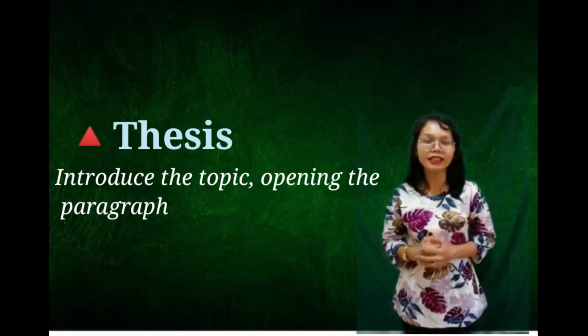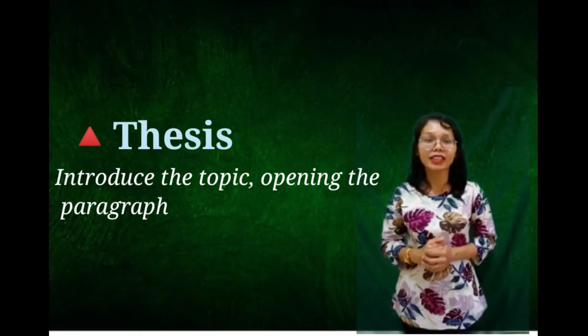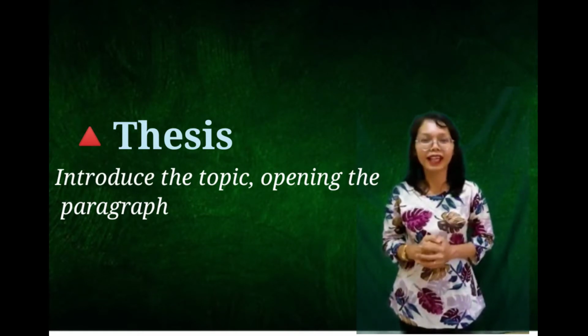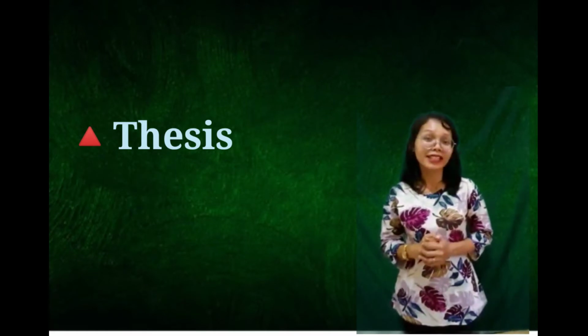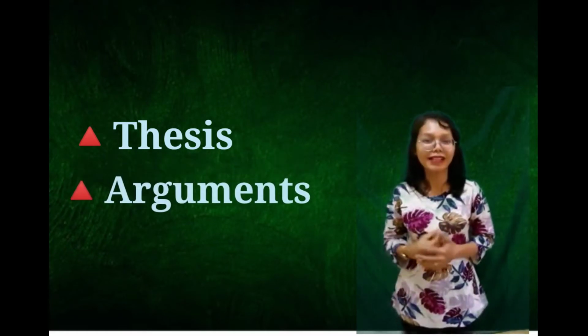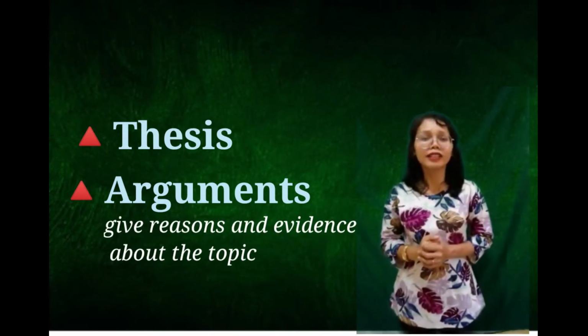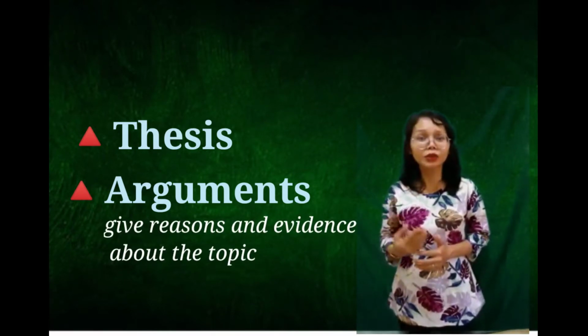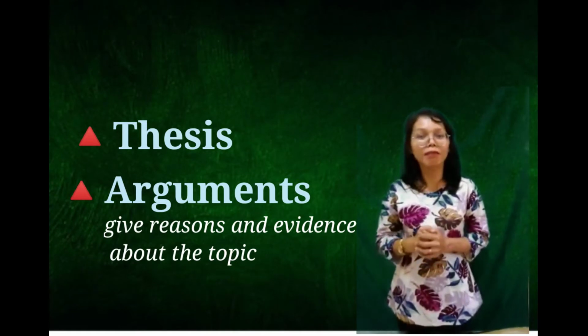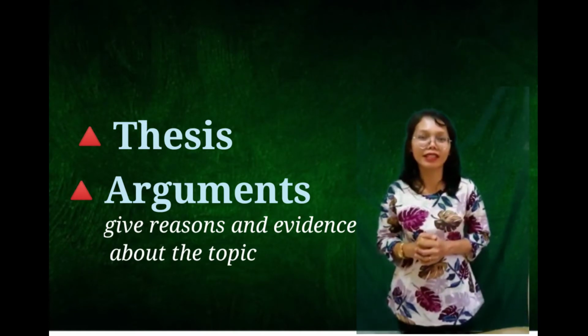In this part, the writers also state her or his position about the topic. In this part also the writers give one perspective only about the topic. The second one is the arguments. Okay, the analytical exposition text can have 1, 2, or 3 arguments about the topics that are discussed.